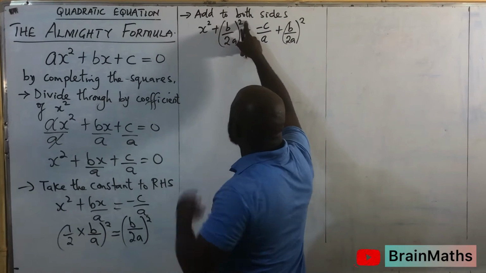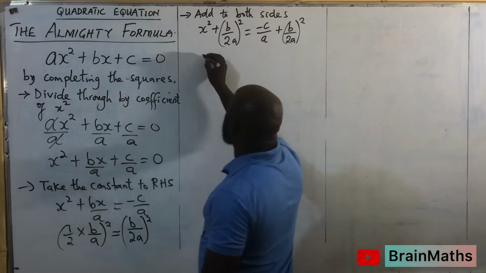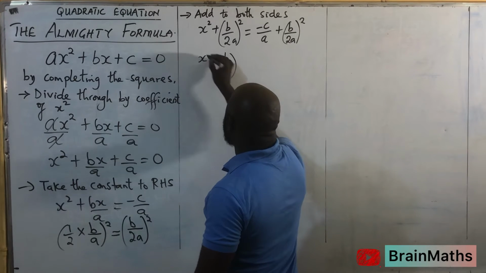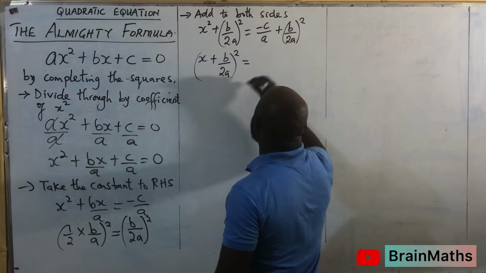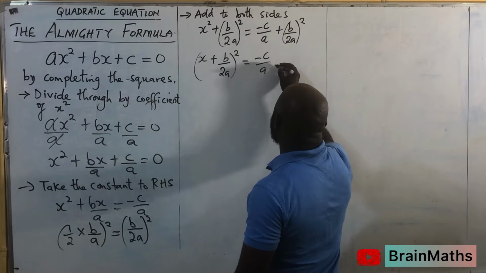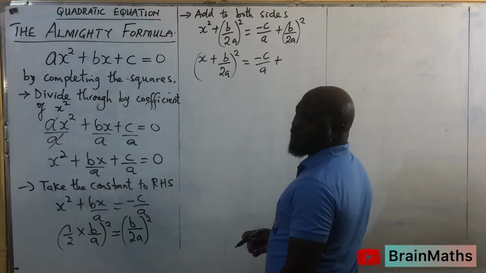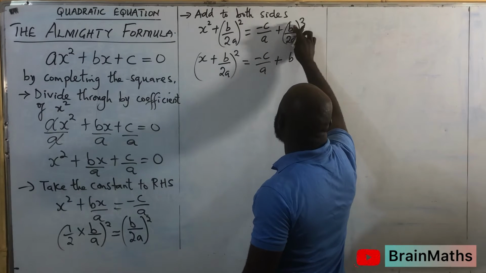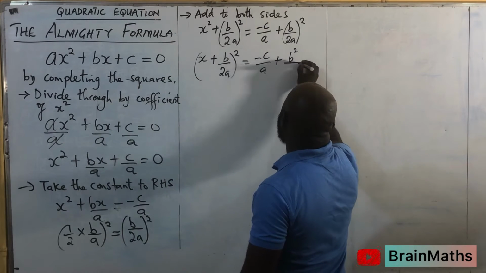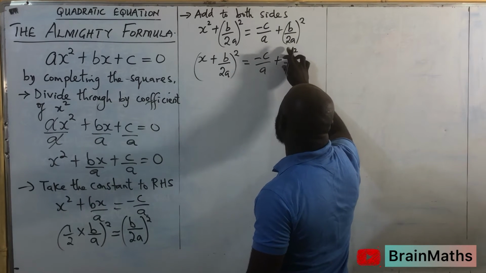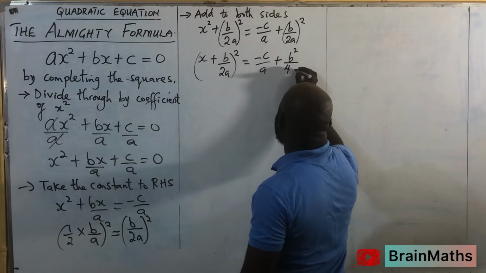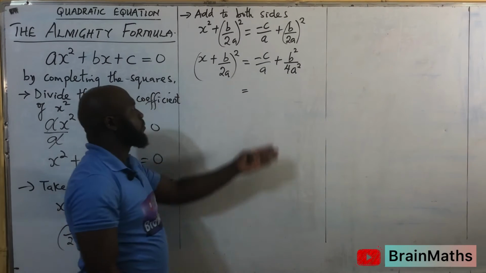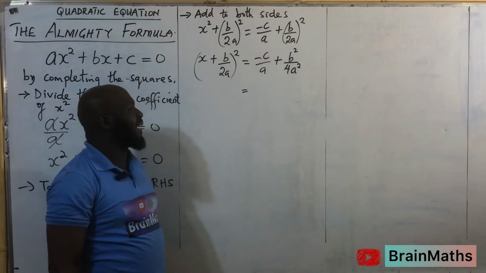So the square is common to these two, so we factor the two of them. x plus b over 2a all squared equals minus c over a plus, when you open this bracket, you have b squared, that is b times b, and the square of 2a, 2 times 2, 4, a times a, a squared. So we are going to be having this on the right hand side.